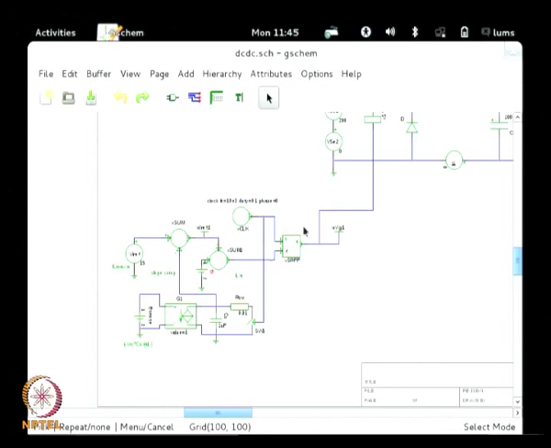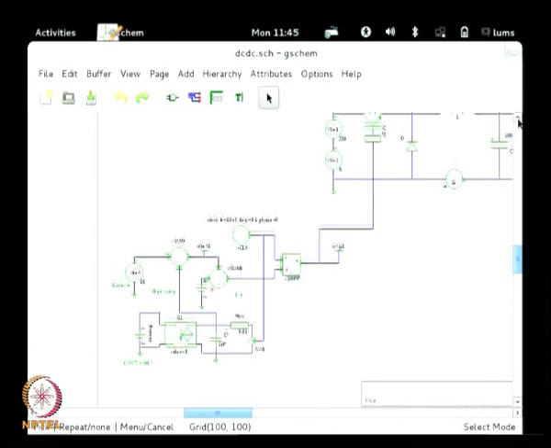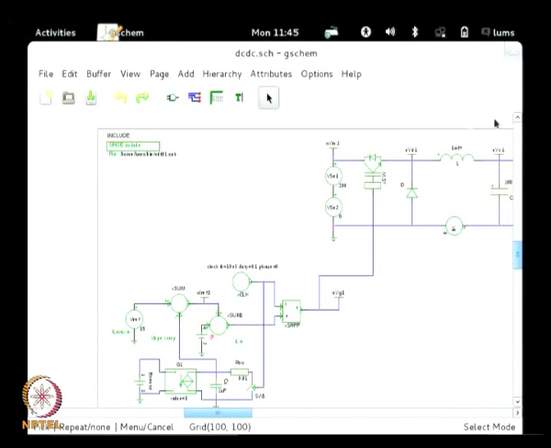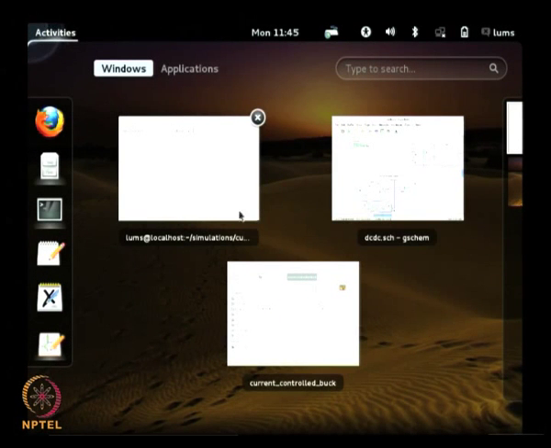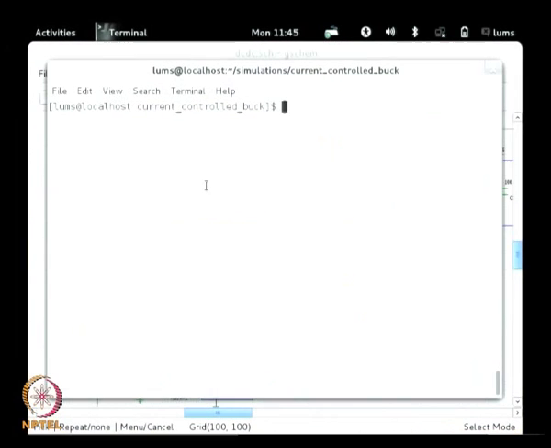So, this is the entire buck converter current control circuit with only the inner current loop control. Let me execute that using ngSpice. I will run the simulation, it will be quick.